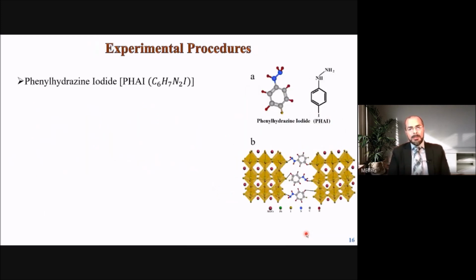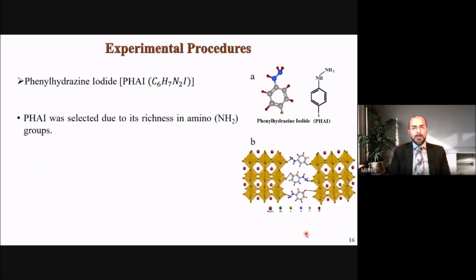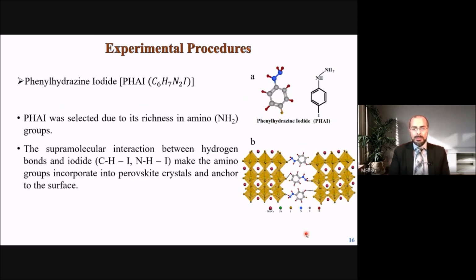As I'm going through the experimental procedure, I would like to introduce why we use PHAI, phenyl hydrazine iodide. Phenyl hydrazine iodide has very unique characteristics because it is rich in amino groups. Some researchers mentioned that the amino groups have supramolecular interaction between hydrogen bonds and iodide, such as CHI and NHI.